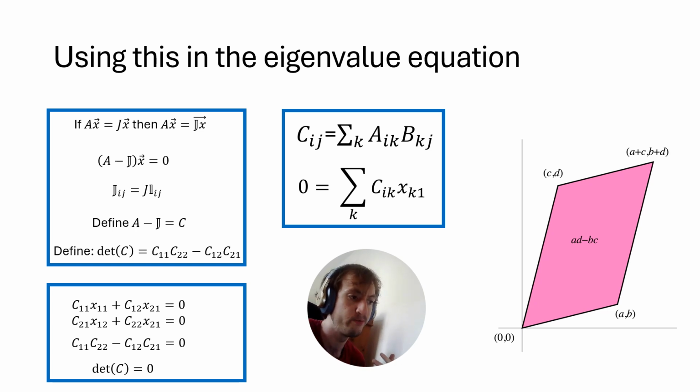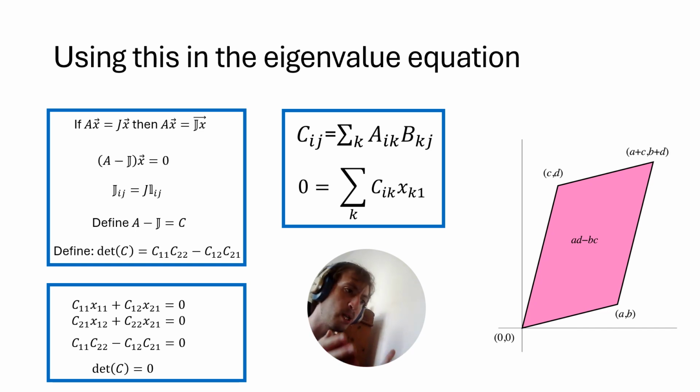So the determinant of a matrix is really referring to area. And there's plenty of videos that go into more detail, but for our purpose, we use the idea of the determinant because it's just something that the eigenvalue equation boils down to.